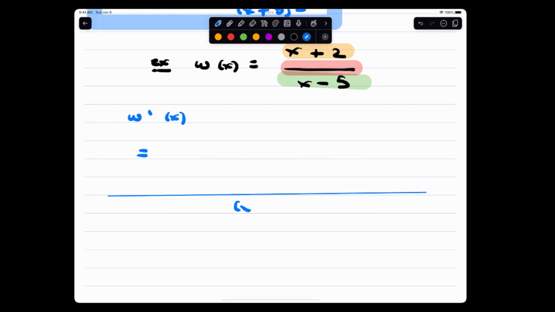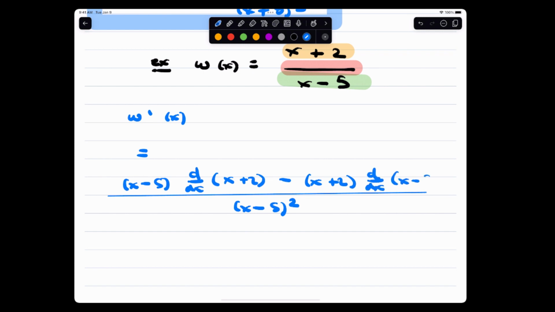What do you do with the denominator? X minus 5 squared. Differentiate x plus 2. Subtract. Bring out the x plus 2. And you differentiate what? X minus 5.